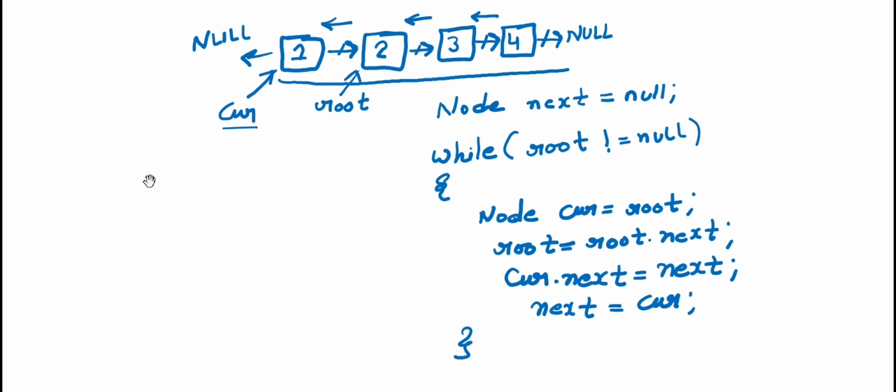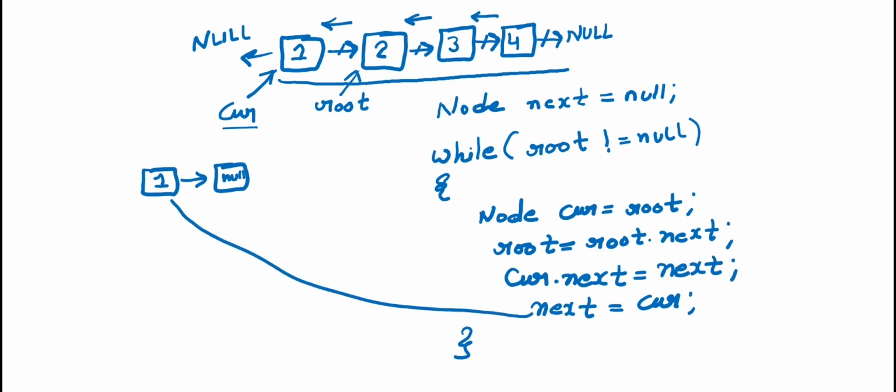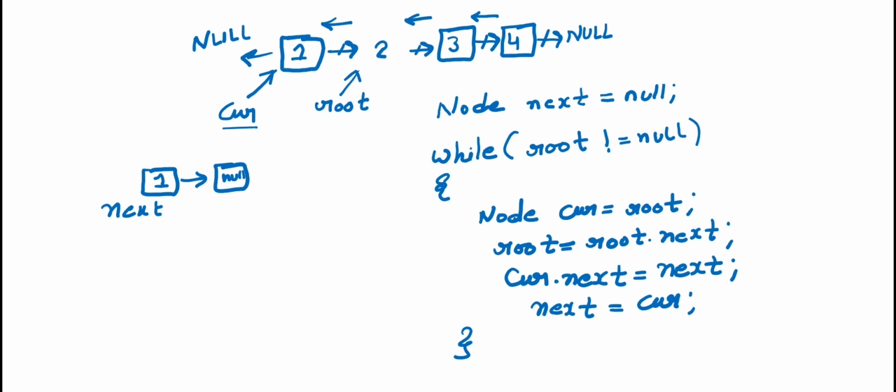So here we have this current one node, and we set its next to null, and now we set this next to this current. So now in the next turn we will have this 2, and we will move our root to root.next, and we will set current.next to next. So current is this 2 and next is this 1.